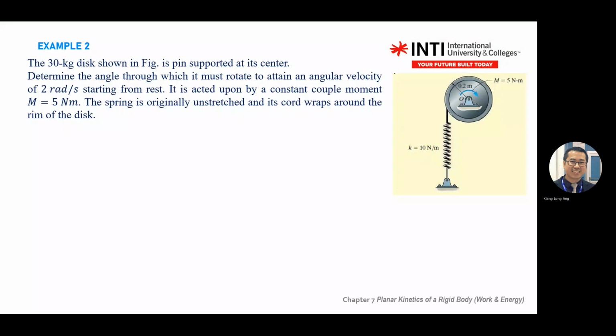If you look at this diagram, you see a spring with a K value, with a fixed pin, with this external moment, radius 0.2, and you should be able to draw the free body diagram and kinetic diagram. You're given the M for the disc supported at the center, and again you have a rigid body, so you need to calculate the second moment of inertia.